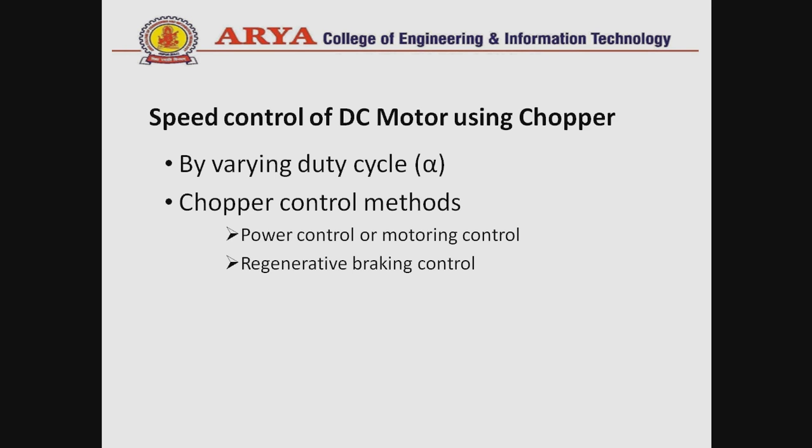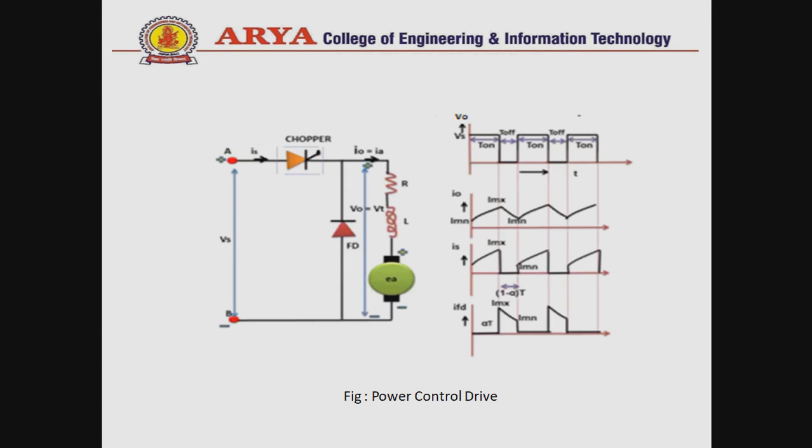First, we discuss the power controlled drive method, that is the motoring control method. In the power controlling method, you can see here the chopper is connected to the armature equivalent circuit, and one freewheeling diode is connected in parallel with the armature circuit.